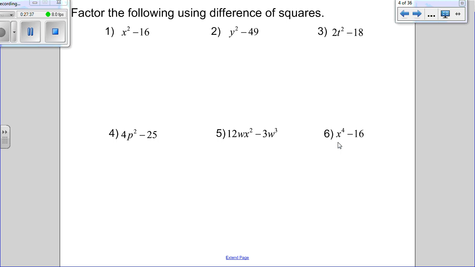So a binomial, to be able to be factored other than a GCF, has to be a difference of squares. Difference of squares means exactly how it would translate if you were to think about each thing individually. Difference means subtract.